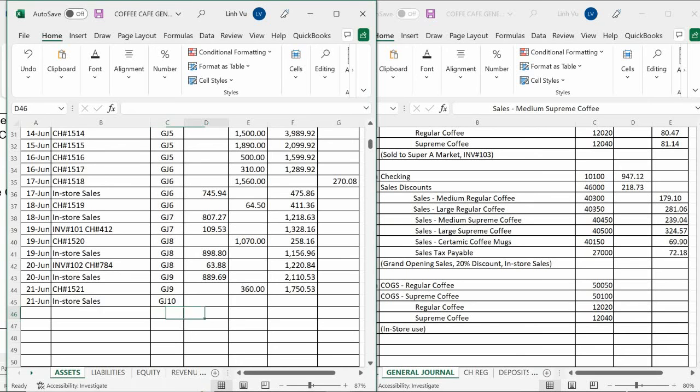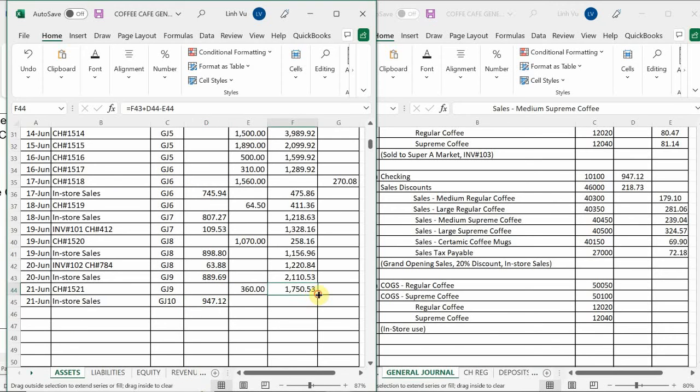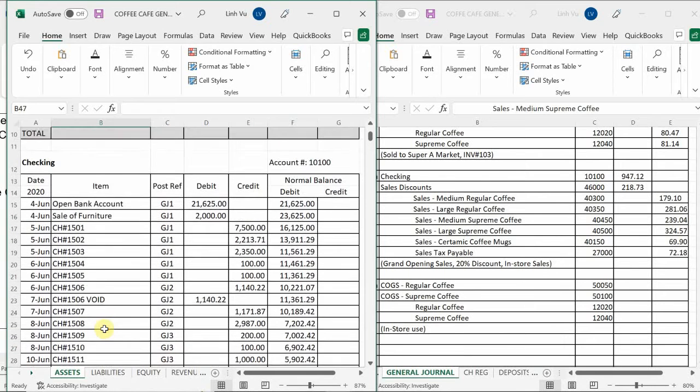It's a debit 947.12. And then we have total 2697.65. Good. So we're slowly but surely gaining our money.